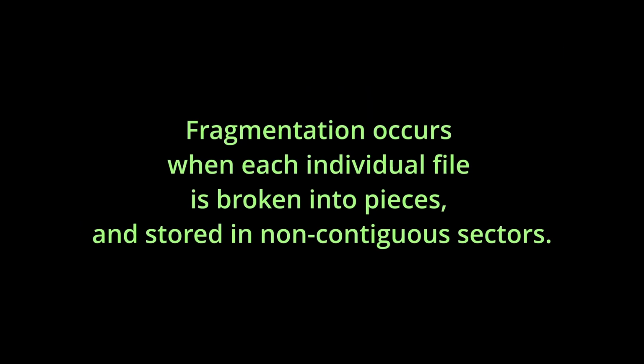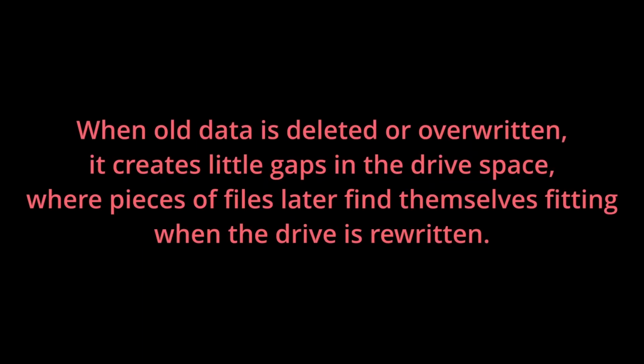Fragmentation occurs when each individual file is broken into pieces and stored in non-contiguous sectors. Over time, this harsh type of scattered distribution of data can slow down read and write processes. When old data is deleted or overwritten, it creates little gaps in the drive space, where pieces of files later find themselves fitting when the drive is rewritten.